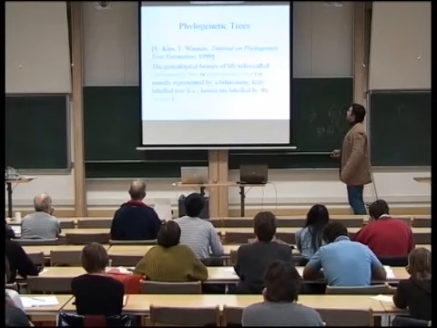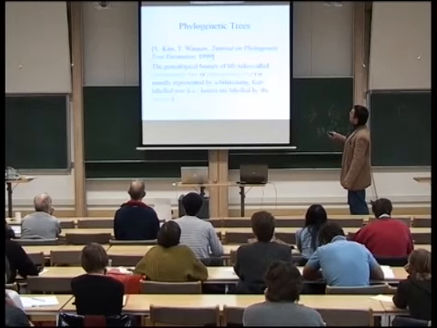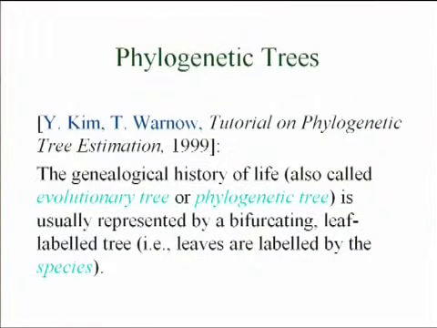First of all, by Kim and Wono, you will all know that trees play an important role in trying to describe the history of species. The genealogical history of life is usually represented by a bifurcating leaf-labeled tree.